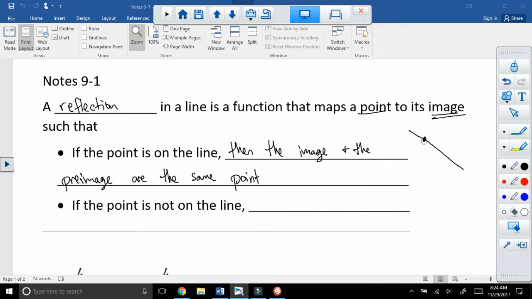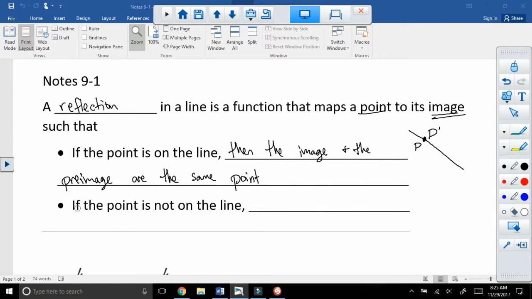That point is going to be the exact same point as the image. And the way that will be labeled is the first one will be P, and then the second one might be like P prime. So the pre-image will just be the normal letter, and then the image will be the one with kind of like a little apostrophe. It's called prime, P prime.